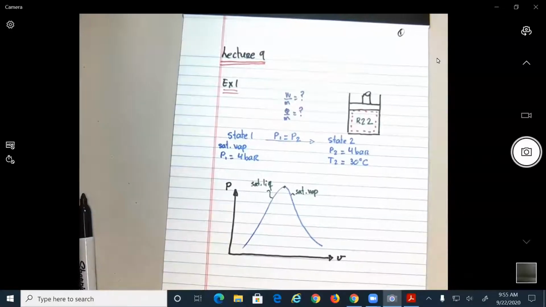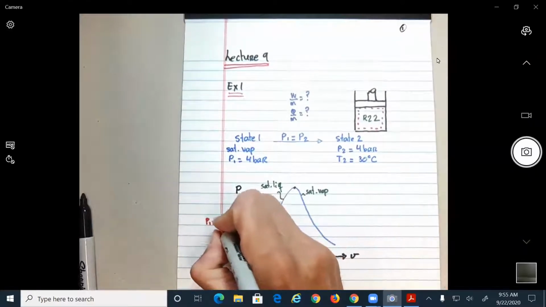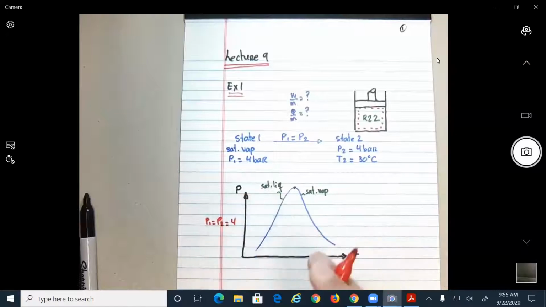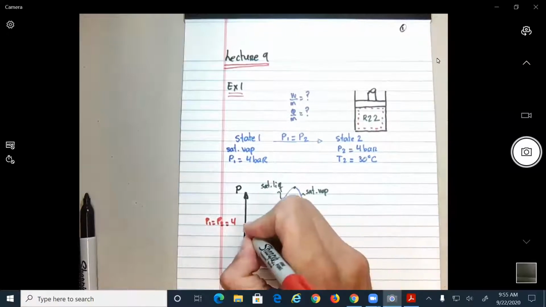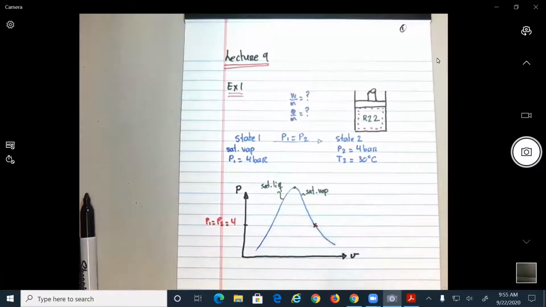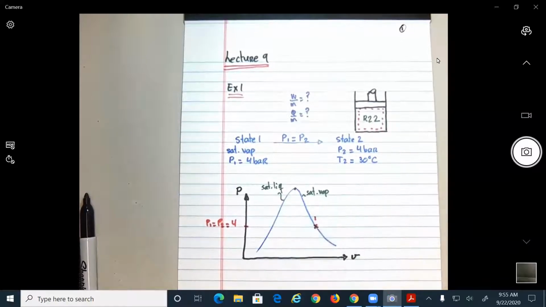We know that P1 is equal to 4 bars. So let's put it over here. Let's say P1 equal to P2 equal to 4. So what do we know? Let's say it's this point here. State 1 will be located right here, no? Because what do we know? This is saturated vapor.